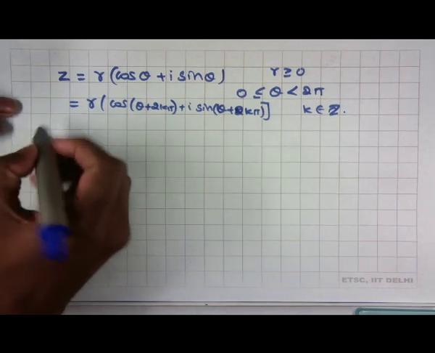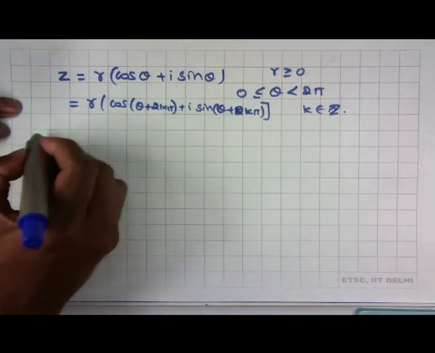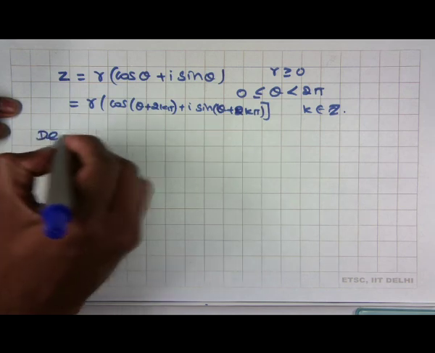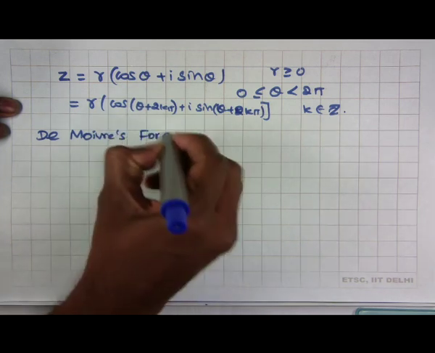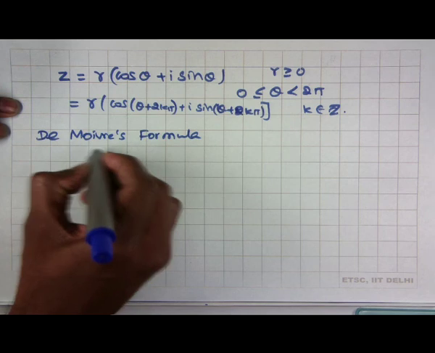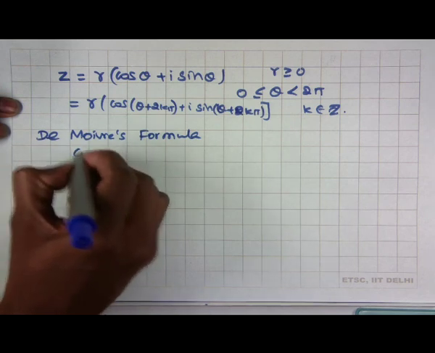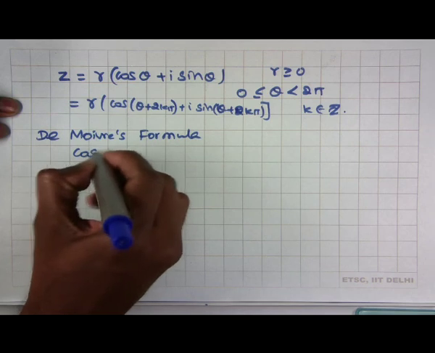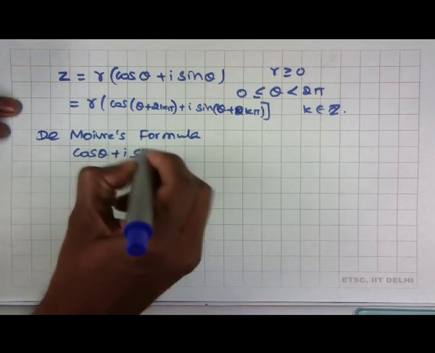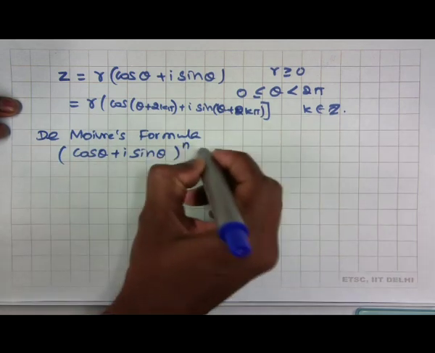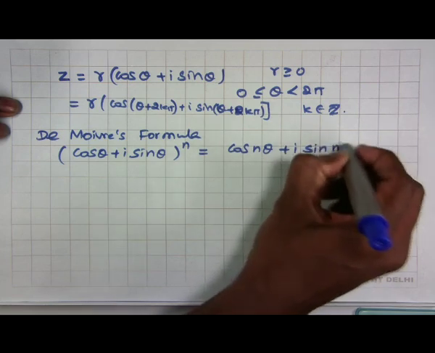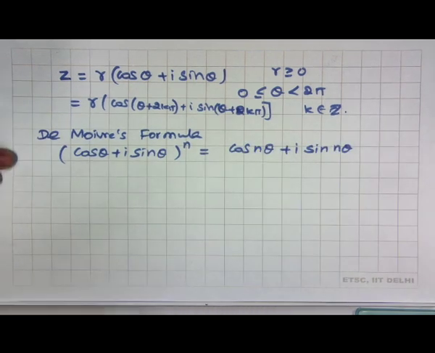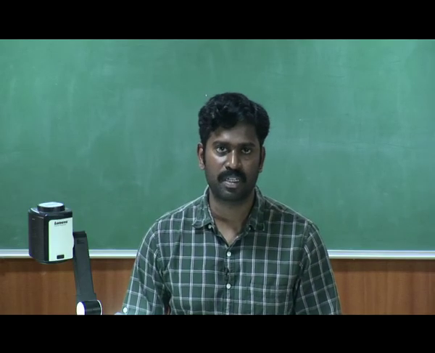One is the nice formula, that is De Moivre's formula. We showed that (cos theta plus i sin theta) to the power n is cos n theta plus i sin n theta, and we saw at the end, using this relation, we derived some trigonometric identities.